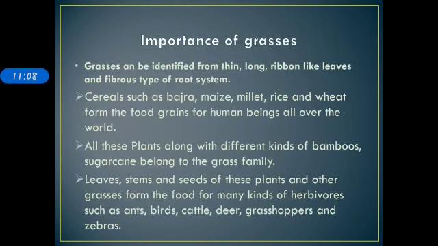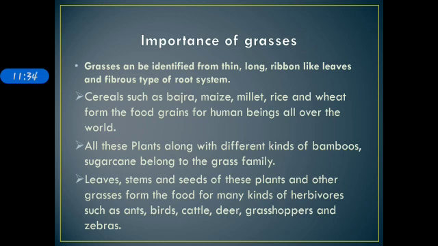Then importance of grasses. Grasses can be identified from thin, long, ribbon-like leaves and a fibrous type of root system. Cereals such as bajra, maize, millet, rice, and wheat form the food grains for human beings all over the world.